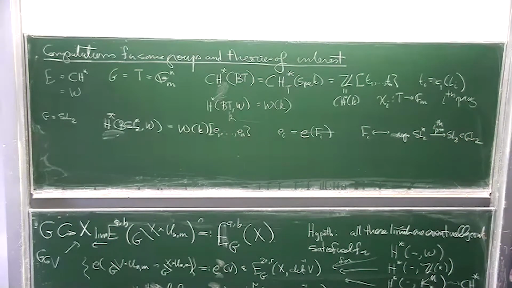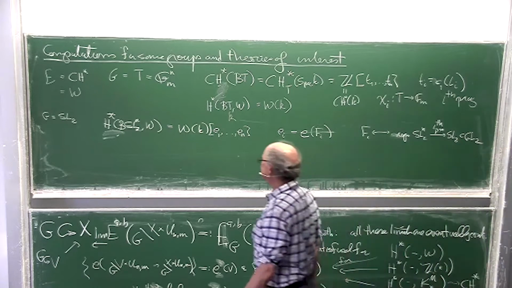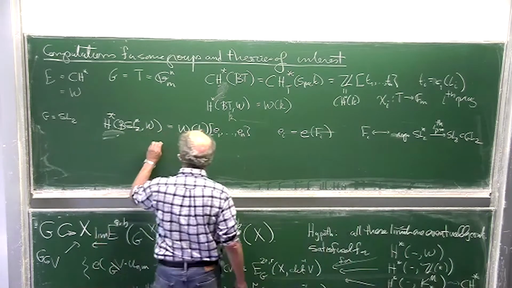So it's a rank 2 bundle corresponding to the canonical embedding of the i-th factor of SL2 in GL2. Okay. So that's a theorem of non-equivariance.